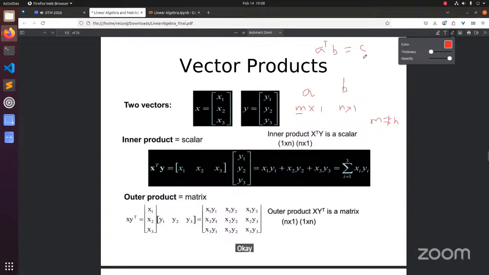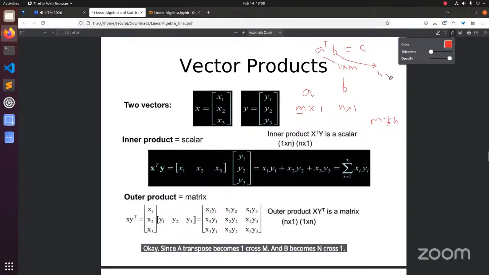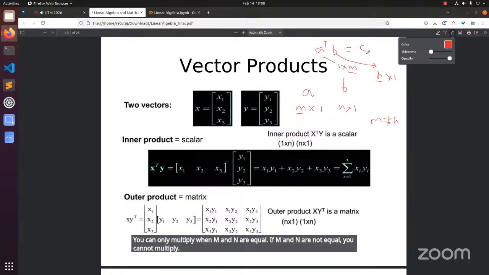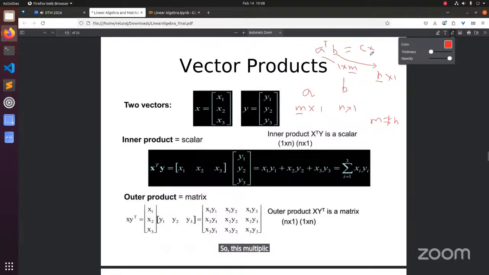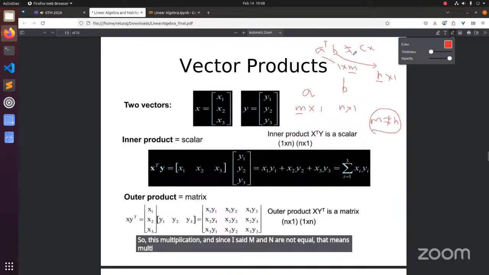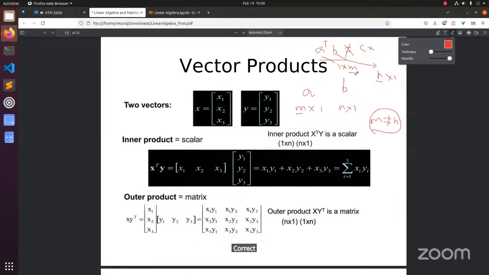Since A transpose becomes 1 cross M and B becomes N cross 1, you can only multiply when M and N are equal. If M and N are not equal, you cannot multiply, right? Since I said M and N are not equal, that means multiplication is not possible. You cannot multiply these two. Correct?